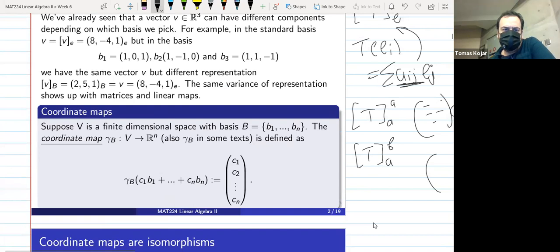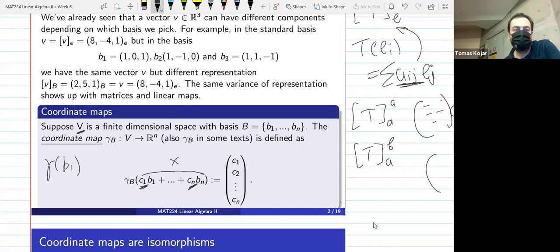Yeah, what's the definition? You start with some space, you have a basis, and all it does is act on the basis elements. You give me some element x, and it will just extract the coefficients. So for example, gamma sends b1 to the standard basis vector, 1, 0, 0.